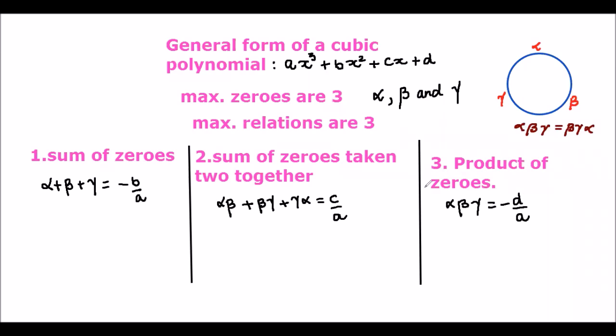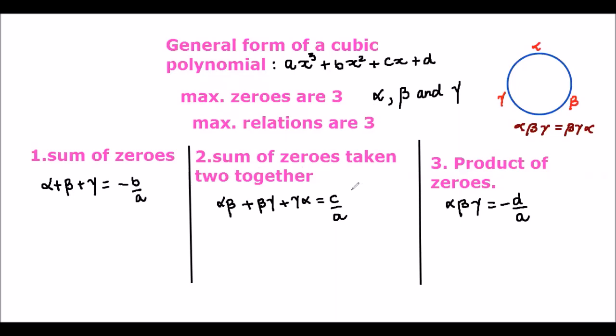Just once again, see the pattern. If it is the first relation, then the coefficient of x square, b upon a. The first relation is always negative, so minus b upon a. If it is the second relation, it will be c upon a.